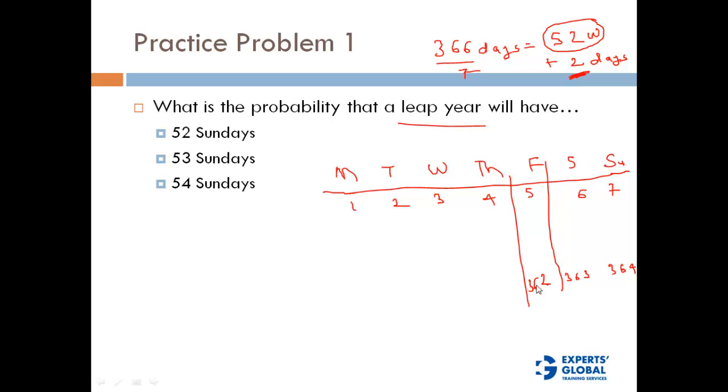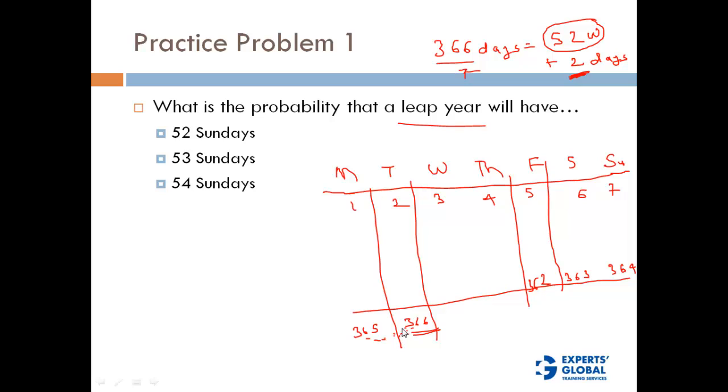Correct. Now the next 2 days are going to be Monday and Tuesday, at least in this specific example, 365 and 366, because we are dealing with the leap year. Correct. Now we need to find out the probability of either of these 2 days being a Sunday.